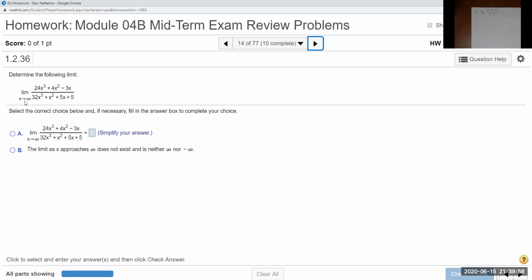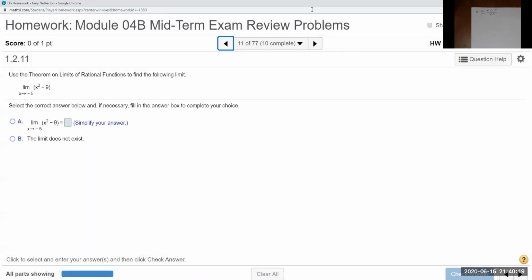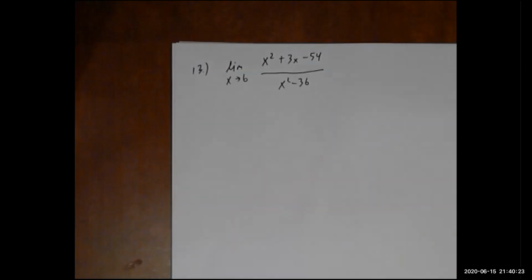The method I just showed you is what you do when x approaches a number. In a few minutes, we'll come back and talk about this because the limit as x approaches infinity is a totally different method. So I'm going to go back to problem 11, and I'm going to switch now and work out these 3 problems.